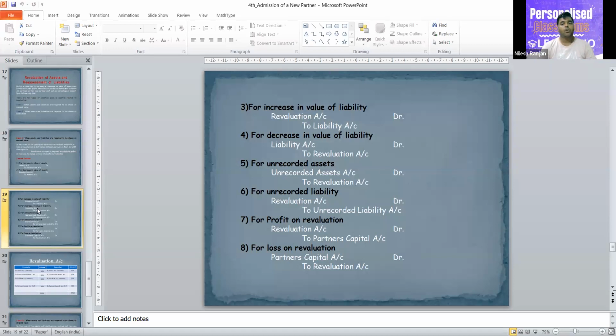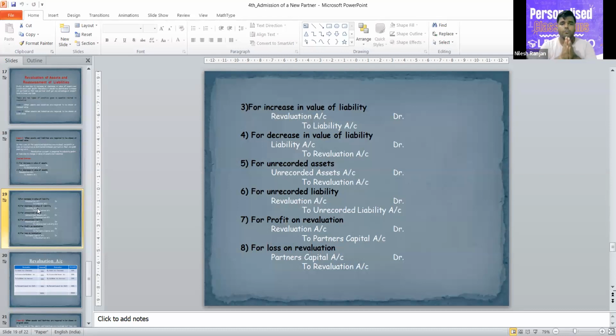Now, after writing all these entries, there will be one more entry for distribution of profit or loss. So entry number 7 or 8, we have to pass any one of these two. If there is profit on revaluation, then there will be no loss. If there is a loss on revaluation, then there is no profit. Yes, sir.